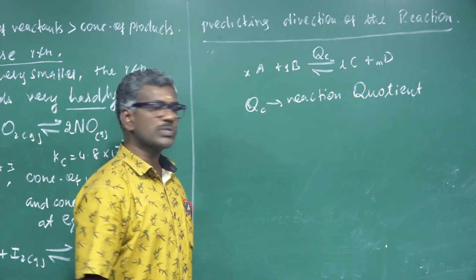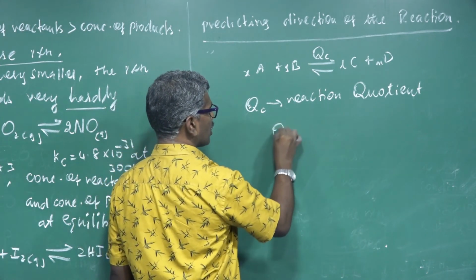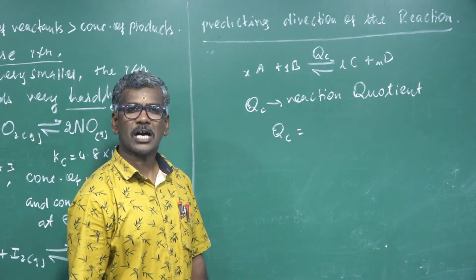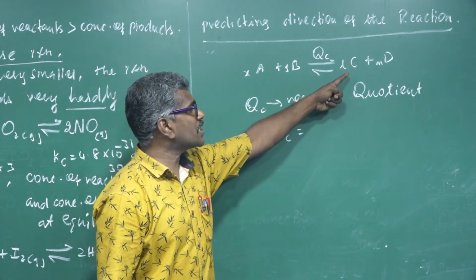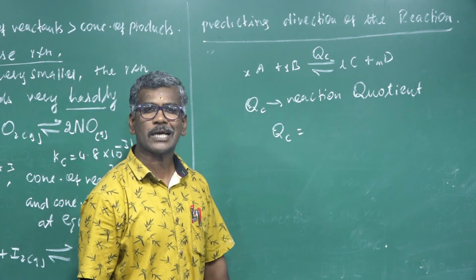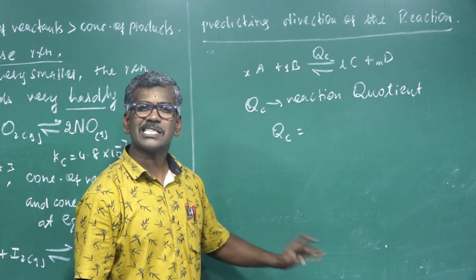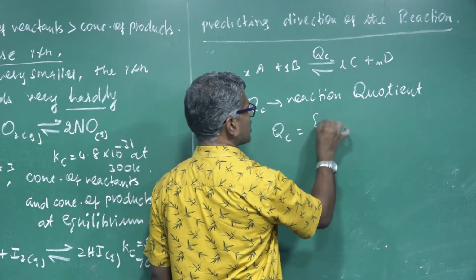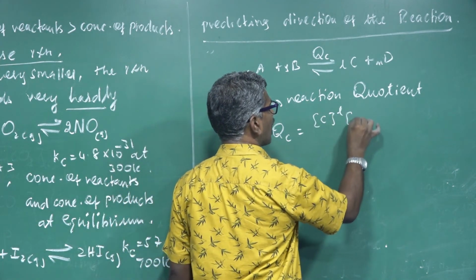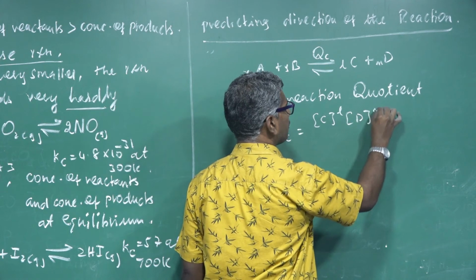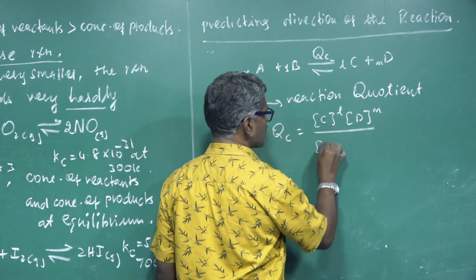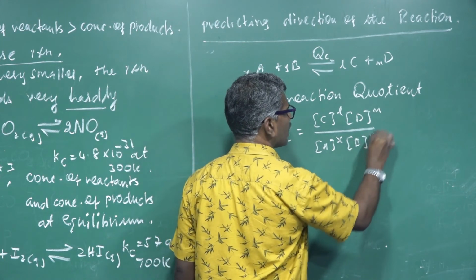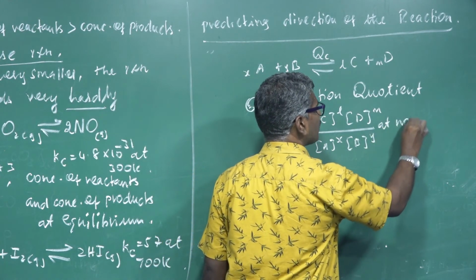Now write down the Qc. Qc is the product of concentration of the products divided by the product of concentration of the reactants, at non-equilibrium condition: concentration of C power l and concentration of D power m, divided by concentration of A power x and concentration of B power y, at non-equilibrium condition.